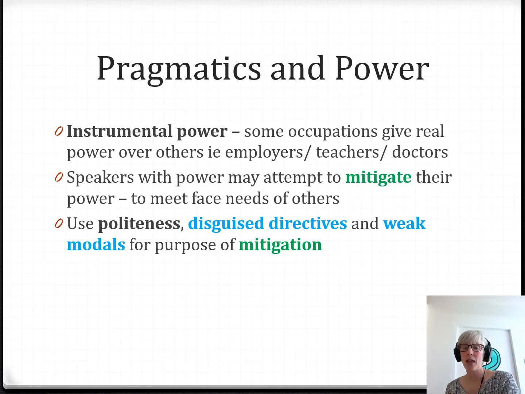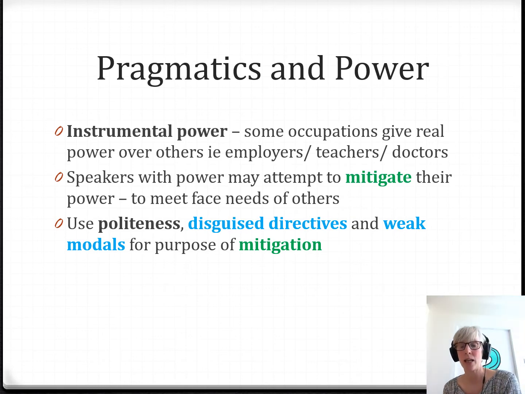And then talking about how those people who have power at work, real power at work, may mitigate that power. That is, try to make it less bad or less obvious. That's what mitigate means. If you are very ill during your exams, you can fill in a form that is called mitigating circumstances. Yeah, they are things that make a bad thing a little bit better. That's what mitigation means.